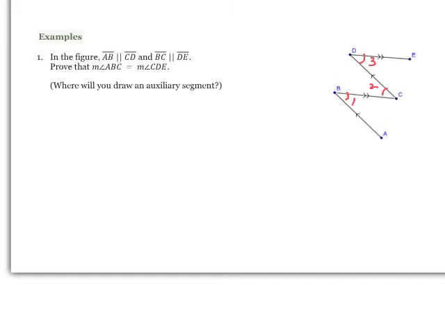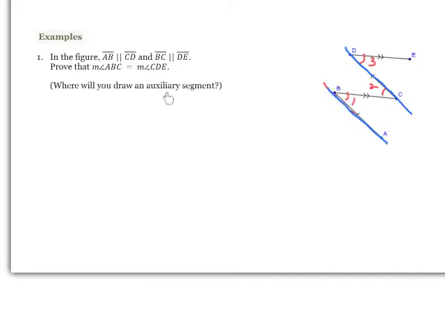And the question is, where are you going to draw an auxiliary segment? Well, if you look at this, you don't really need one. What you have to do is look at this in a couple of parts. If I have AB and CD and they're parallel, then if you look at that, the other line is the transversal.